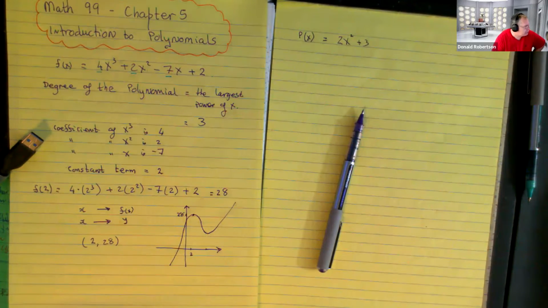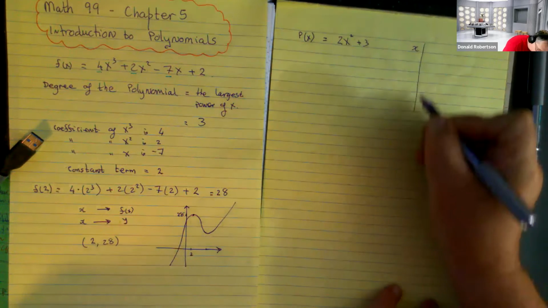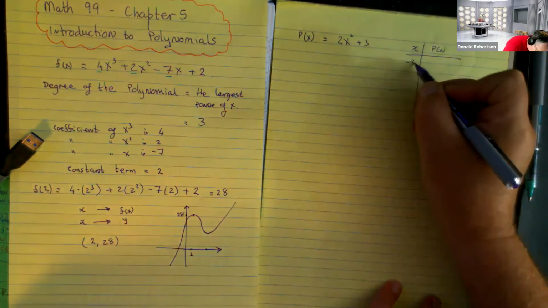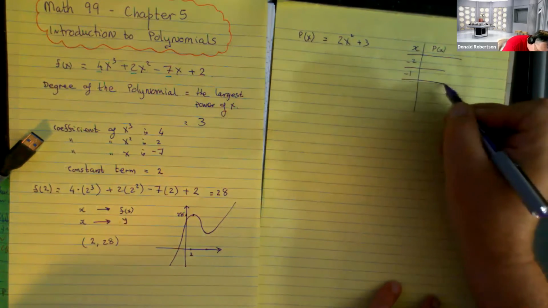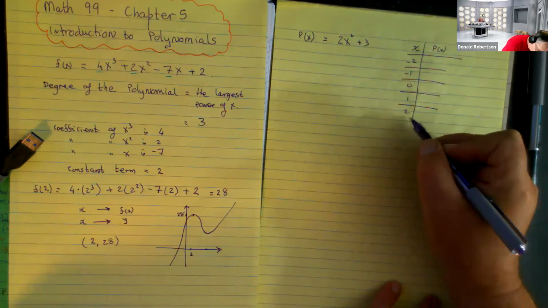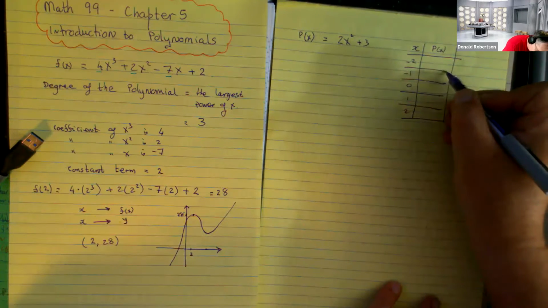Now, you could certainly spend a lot of time doing that by a table of values. So you could do something like this. So when x is -2, when x is -1, when x is 0, when x is 1, and finally when x is 2. Now that'll give you a little snapshot of what this would look like.